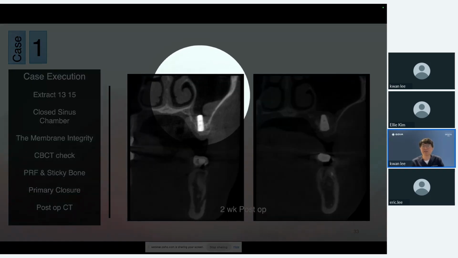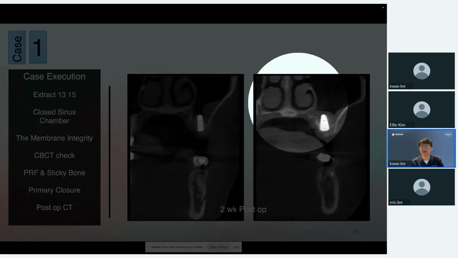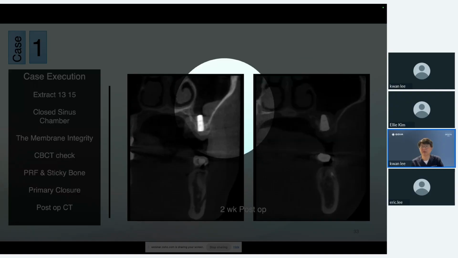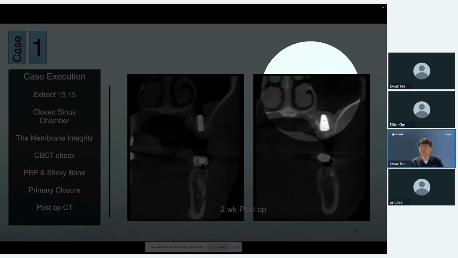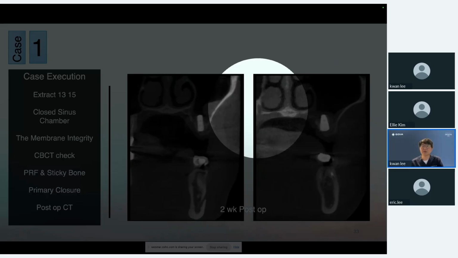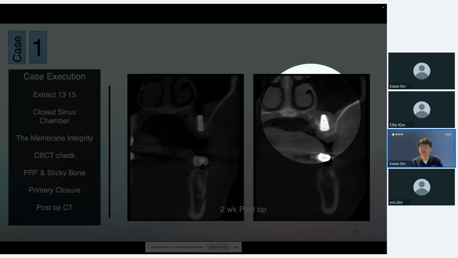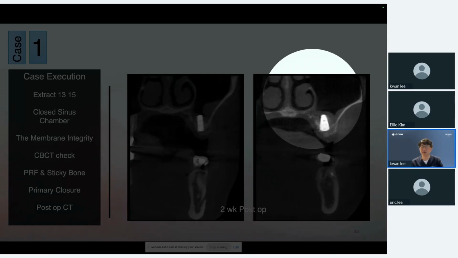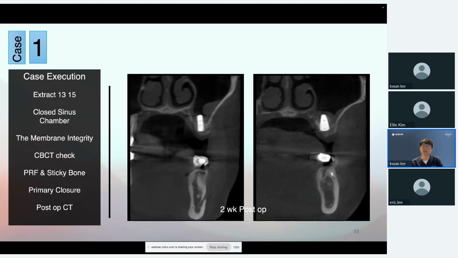But eventually this membrane will settle down, which is fine. There's no big problem, as long as the membrane settles down and keeps some space, like tenting from the implant. Once those spaces are well maintained, and since the sinus is a very osteoinductive space, new bone can be generated around the area. So that's your 2-week post-op.